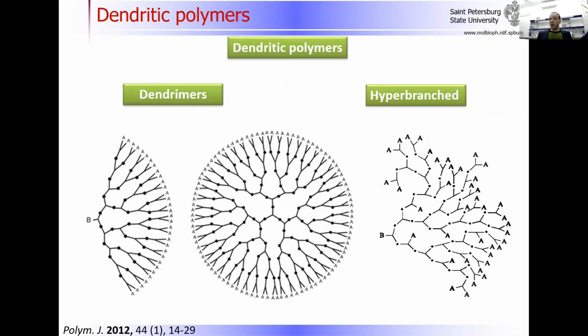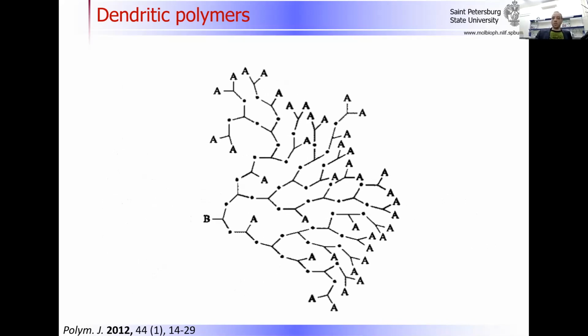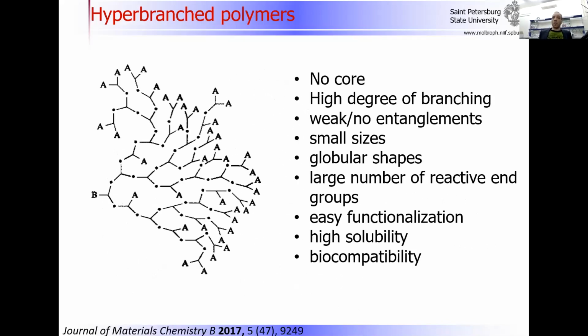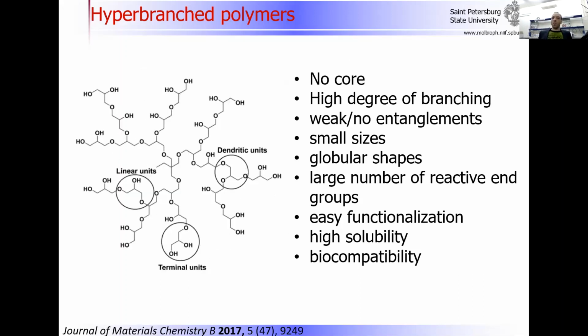In contrast to dendrimers, the hyperbranched are irregularly branched polymer systems. In this case, we will also have a combination of linear, terminal, and dendritic units randomly distributed along the macromolecule, and the overall statistical nature of the branching process.